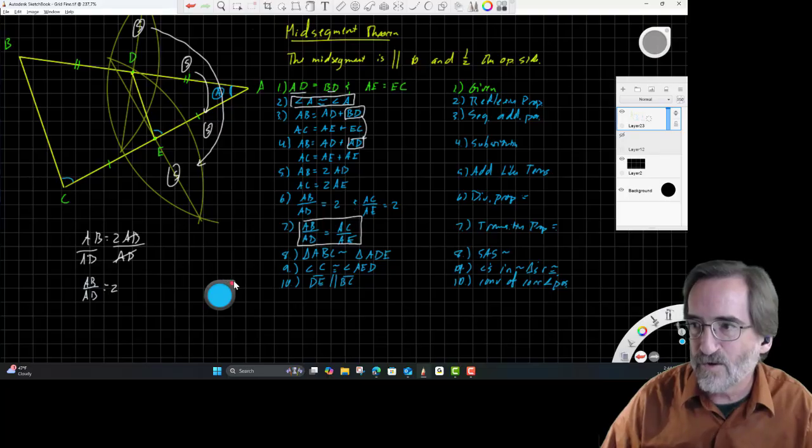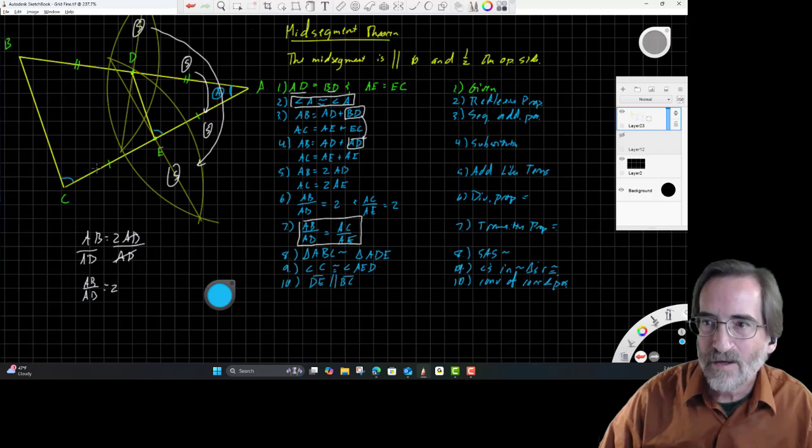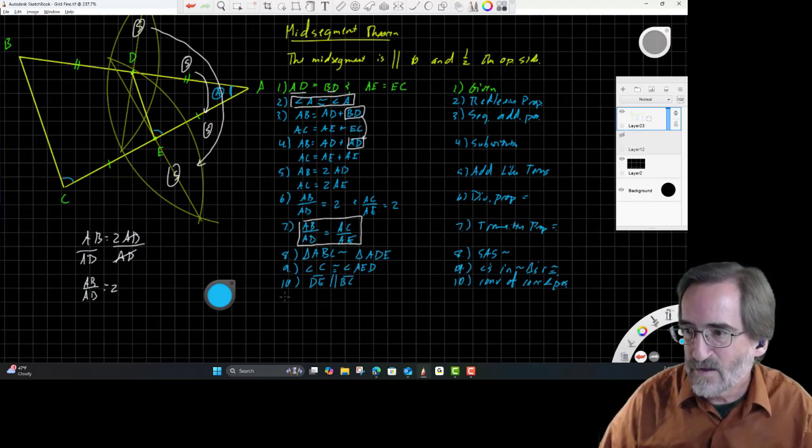We also wanted to prove that DE is half of BC. So that's just rearranging one of the previous steps here. Okay, so our scale factor is 2, right?